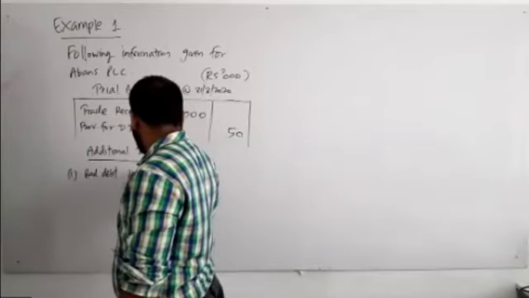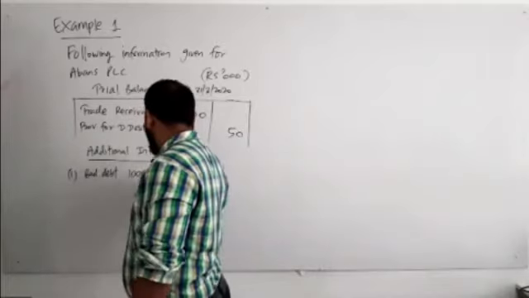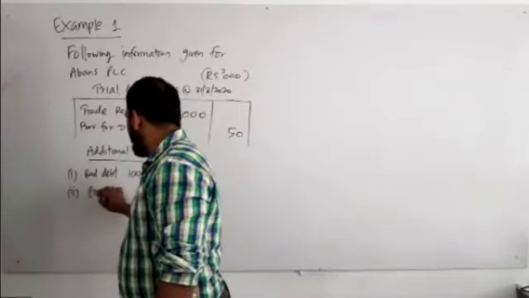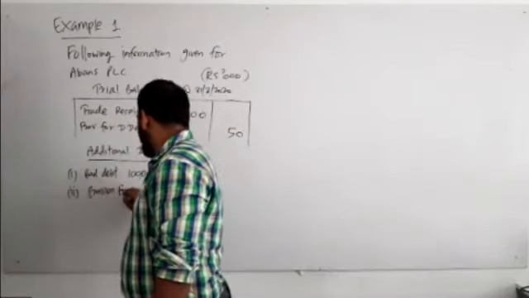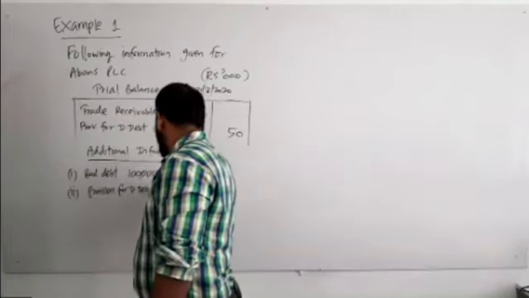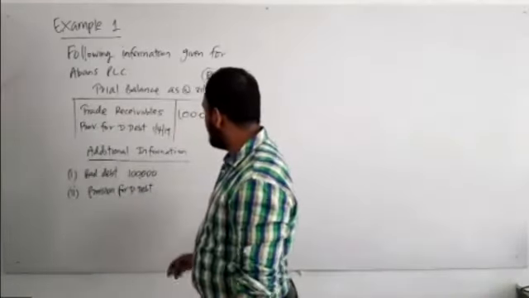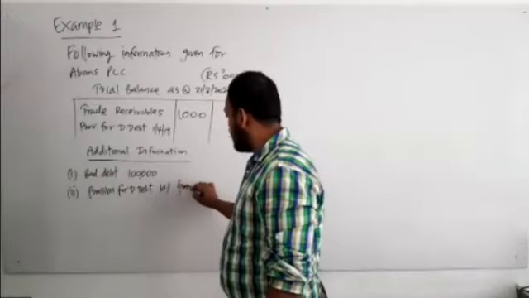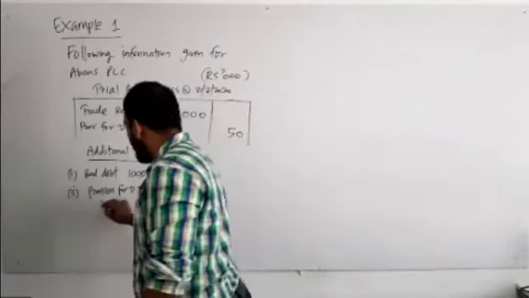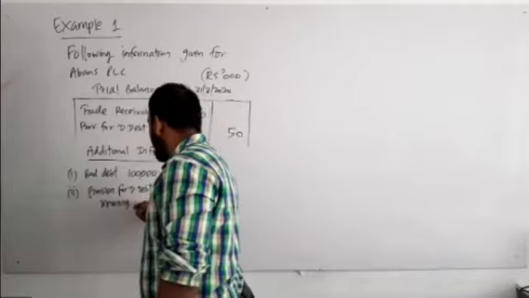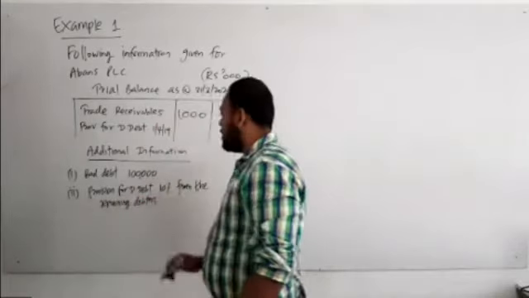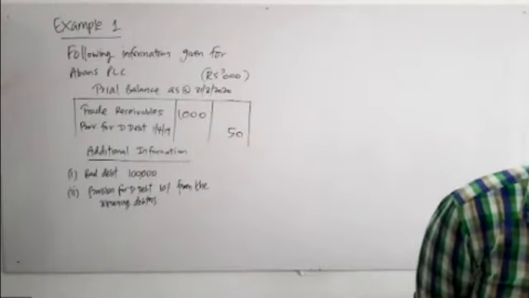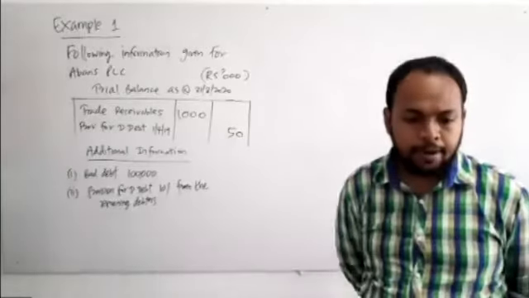Bad debt 100,000. Provision for doubtful debt is 10% of the remaining debtors.